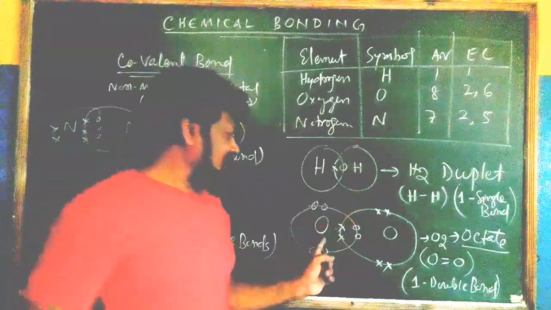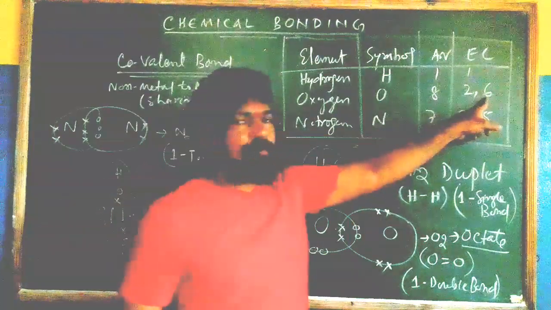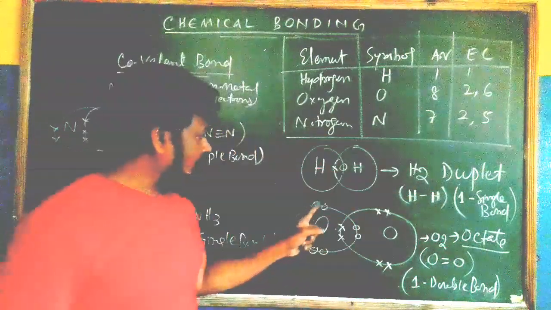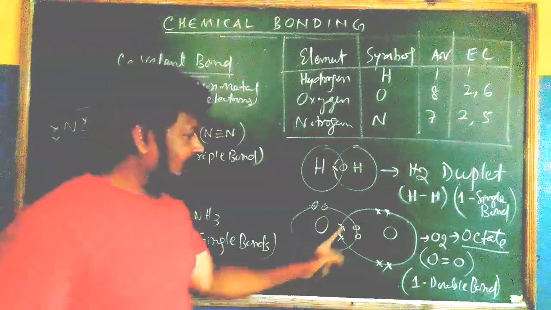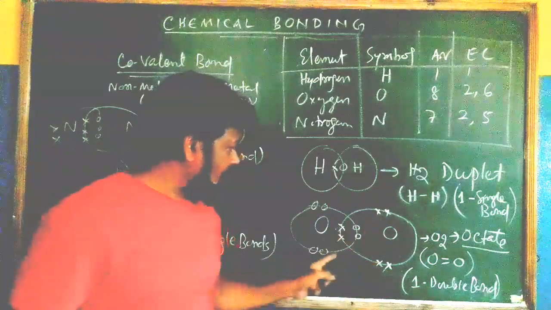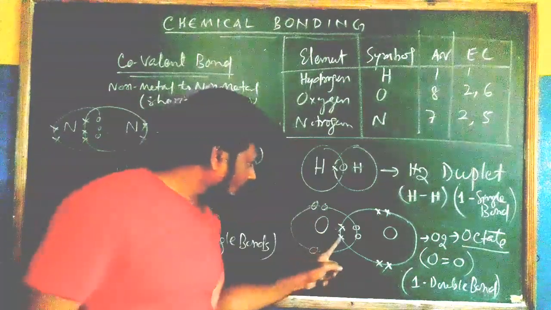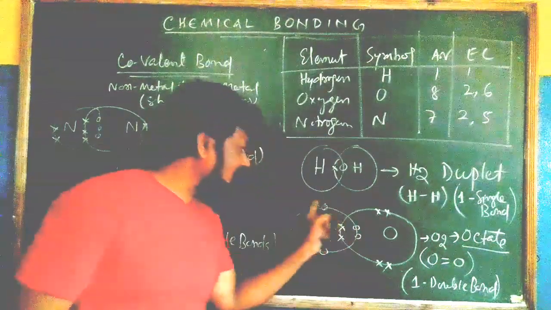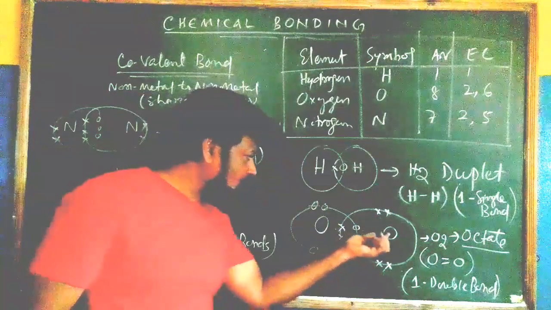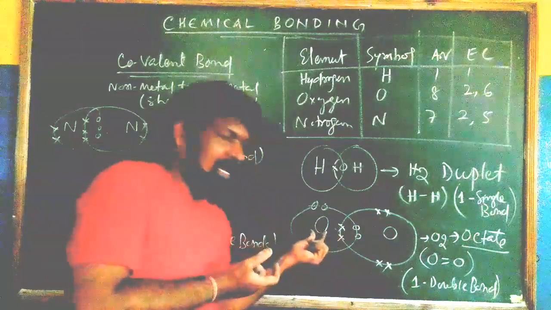Let us come to the second case, oxygen. Oxygen has in its outermost orbit 6 electrons, 1, 2, 3, 4, 5, 6, and the other oxygen also 1, 2, 3, 4, 5, 6. So this oxygen claims it has 1, 2, 3, 4, 5, 6, 7, 8, 8 electrons, because the other 2 electrons from the second oxygen come here.